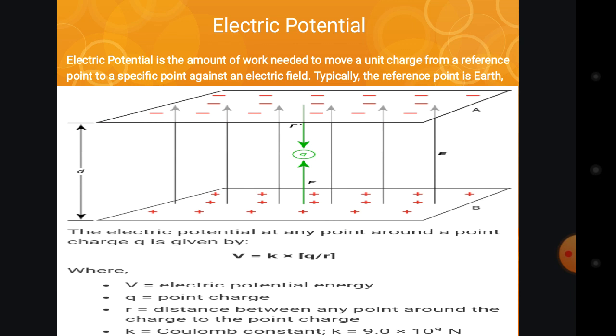So this formula is used for calculating electric potential around a charge Q. V is equal to K times Q divided by R. The Q and the R can be given, but K is constant. So this is about electric potential.